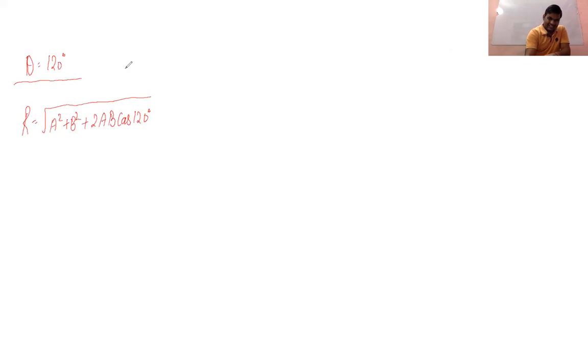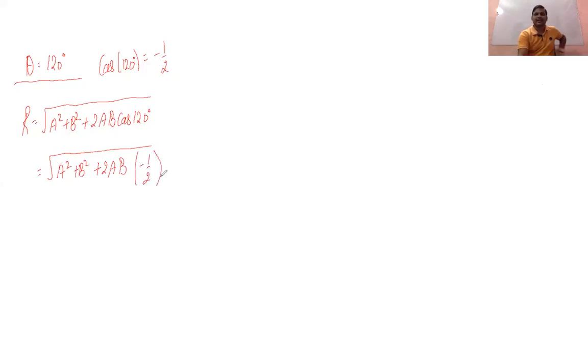And the value of cos 120 is minus 1 by 2. So you can put the value here, and it will become a square plus b square plus 2ab, and this will be minus 1 by 2.